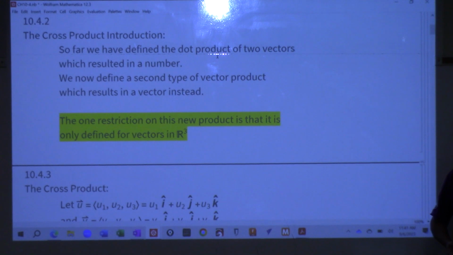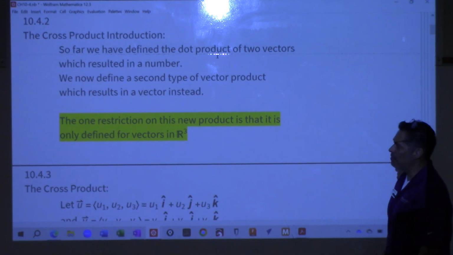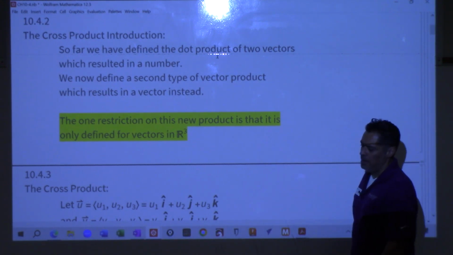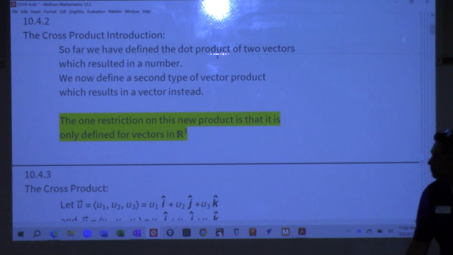There's a workaround though, because anytime you're in two-dimensional space, you can always step out one more dimension and look at it from the outside and just make your z component 0. I'll show you when we get to an example. So there's a workaround, but I just want to point out that to do a cross product, you have to have vectors in 3-space.